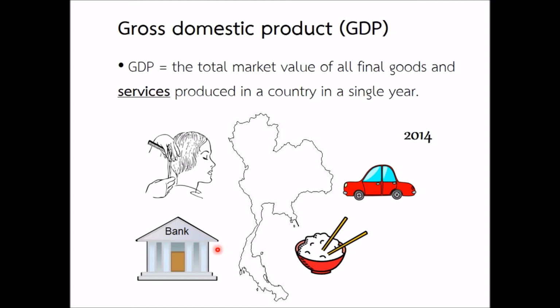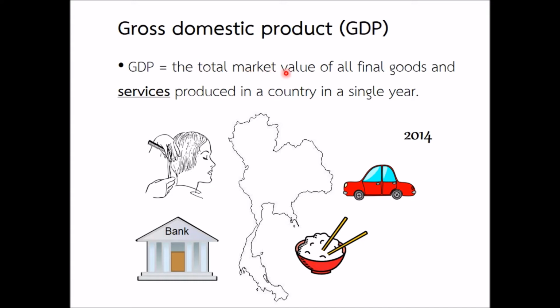Financial services basically is, for example, the storage of money. We usually bring our money to the bank, or we have our paychecks transferred to our bank account, and the bank keeps our money in a safe place. This is the service, the financial service that the bank provides to us.